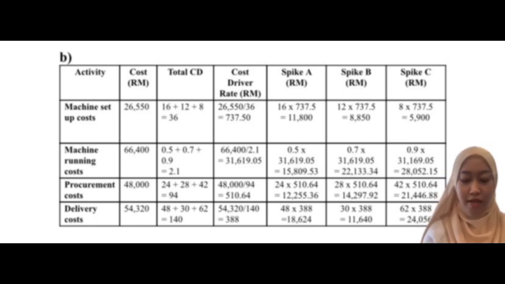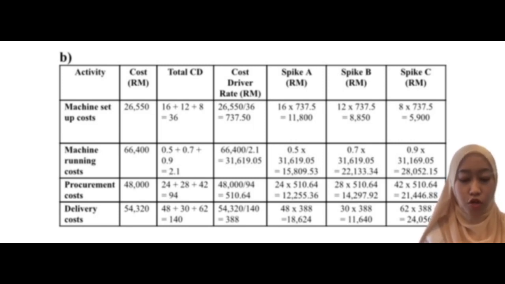Next, the cost driver rate for machine setup cost is the total cost for machine setup divided by 36, which is the total cost driver for machine setup cost. Next, the cost driver rate for machine running cost is the total cost for machine running divided by the total cost driver for machine running cost.